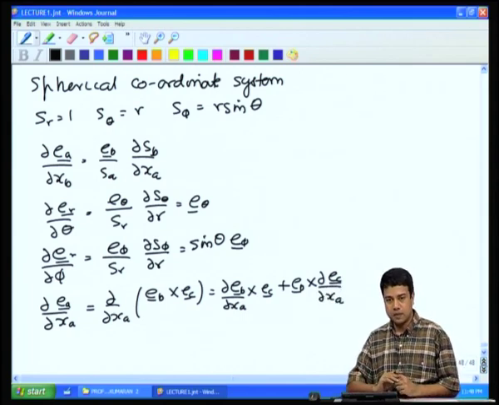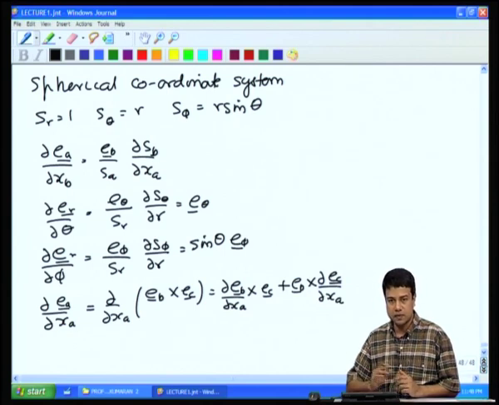One has to be careful here because the order of the cross product has to remain the same, because if you interchange the order of the cross product, it becomes the negative of itself. Okay.